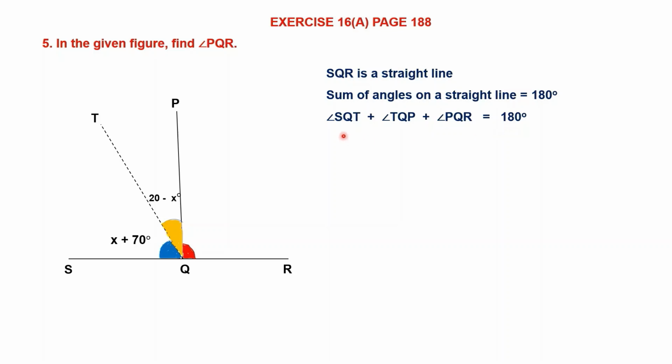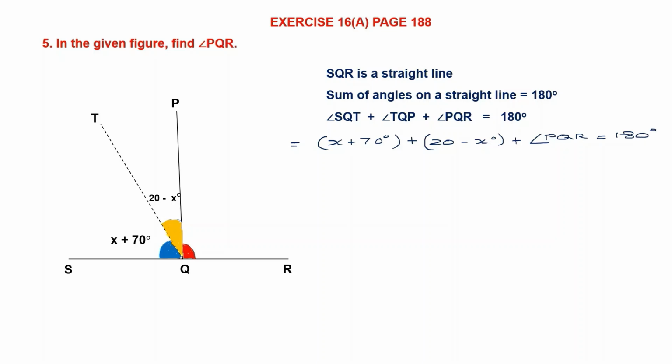Now let's substitute the values here. For SQT, we have x plus 70 degrees. So this is equal to x plus 70 degrees plus angle TQP, which is 20 minus x degrees, plus angle PQR, which we are going to find out, and all this should add up to 180 degrees.